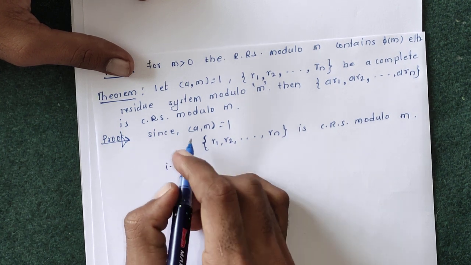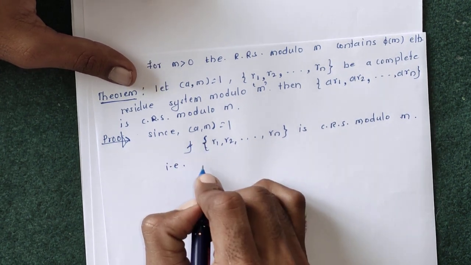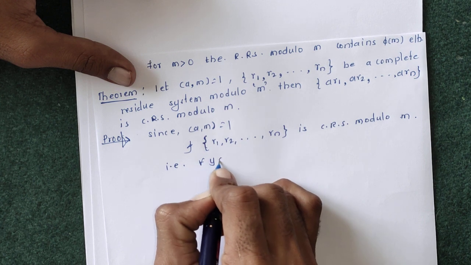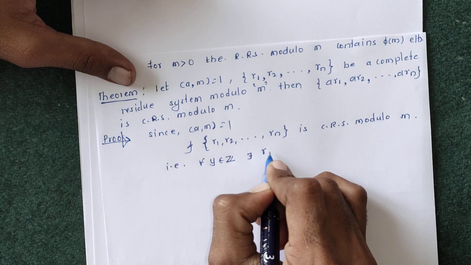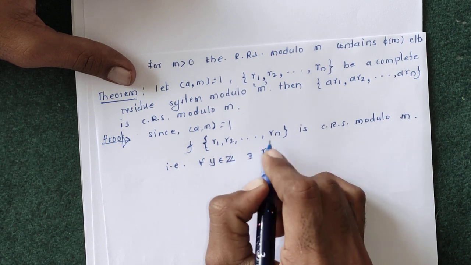Using the definition of complete residue system, we can say that for all integers y there exists an element rj.